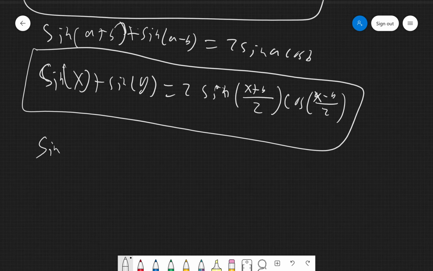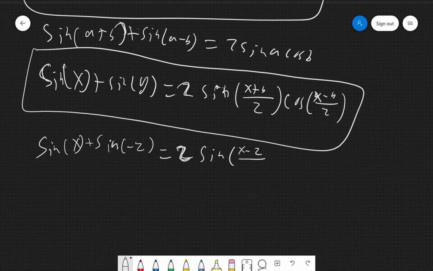So now sine of x plus sine of negative z, if you plug in y equals negative z, we're going to get equals 2 times the sine of (x minus z) over 2 cosine of (x plus z) over 2. I know my 2's look like z's, but I don't care.